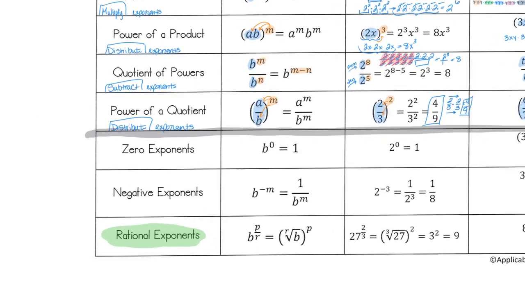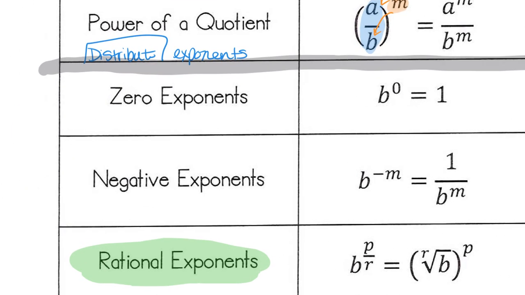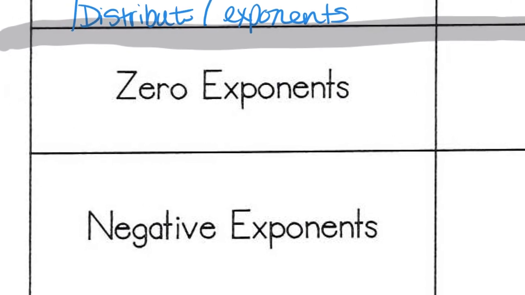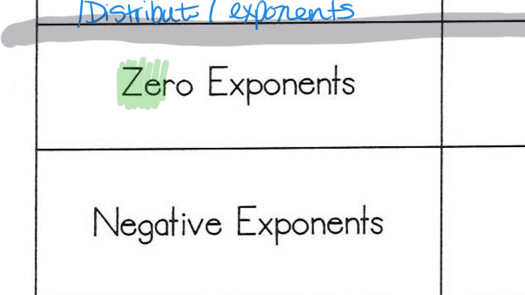All right? 0 exponent rule. My personal favorite. Anything raised to the power of 0, anything at all raised to the power of 0 is always going to be the number 1. Is always, always, always the number 1.